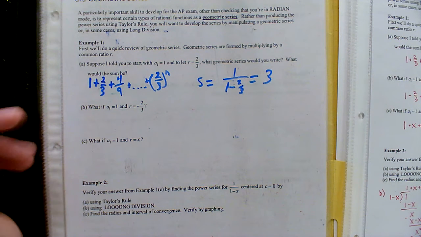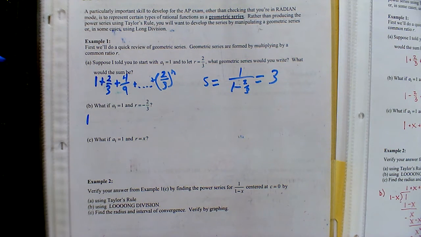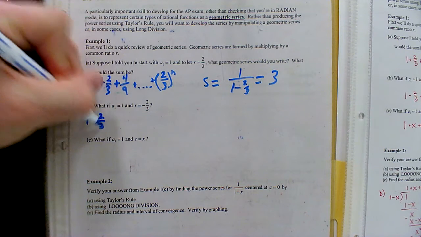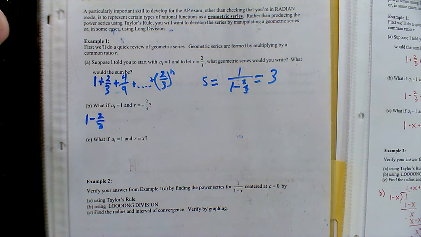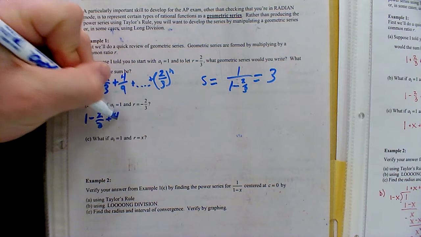So let's do the same thing with part B. We're starting with 1 again. What's the second term? Negative 2/3. What's the third term? Plus 4/9, yes, because you're squaring.